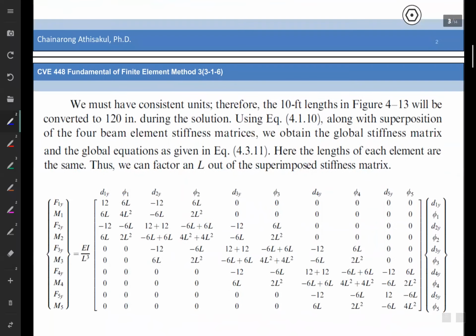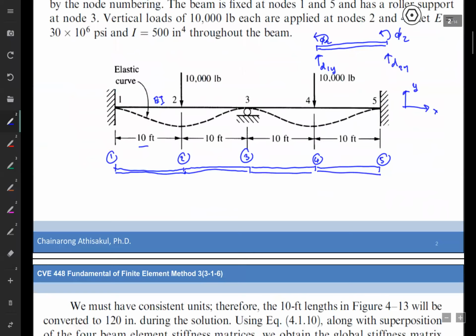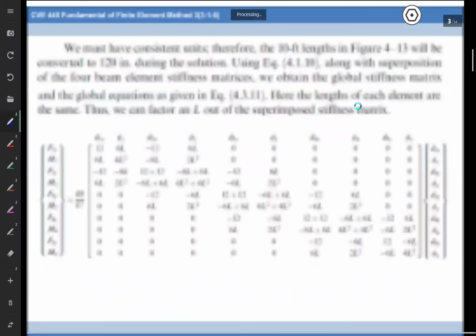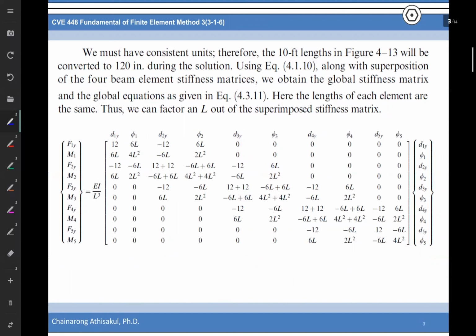After that, we assemble them together. We have 5 nodes, 1, 2, 3, 4, 5, and each node has 2 degrees of freedom. So the system becomes 10 by 10, a 10 by 10 stiffness matrix.